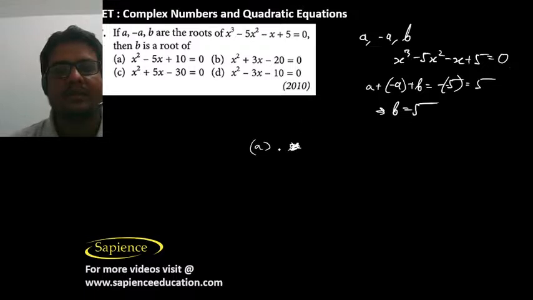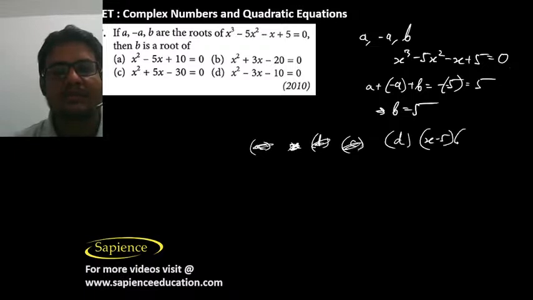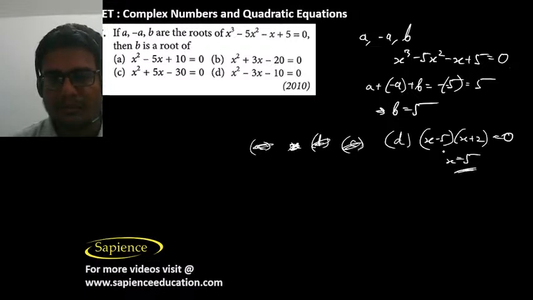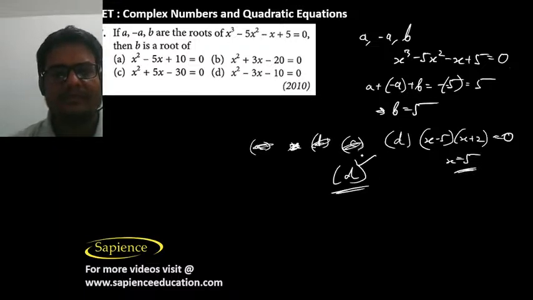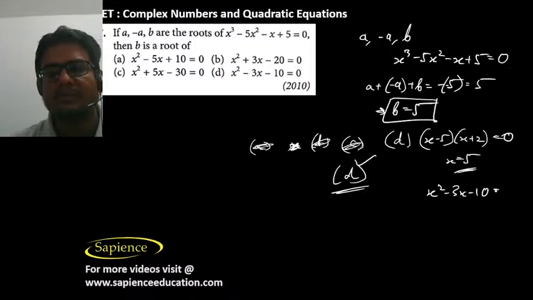In option B we can write 2 tens are 20, 4 fives are 20, no. In option C we can write 6 fives are 30, 3 tens are 30, no. Option D we can write 2 fives are 10, so it is (x minus 5)(x plus 2) equal to 0. So x equal to 5 is one of the roots here. So option D is the correct answer. So here b is 5, so 5 is a root of the equation x cube, x square minus 3x minus 10 equal to 0.